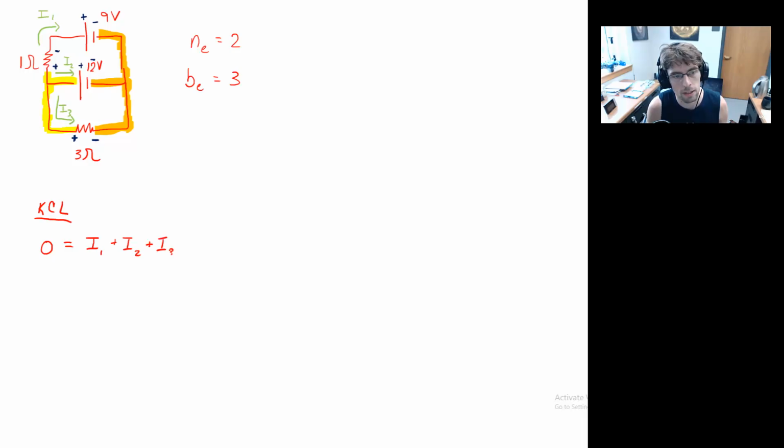So we recognize immediately that one of these currents is going to have to be negative. I know I chose a wrong direction somewhere. Not surprising. Now that we've used up all of our possible junctions or essential nodes, we need to progress on to Kirchhoff's voltage law, KVL.